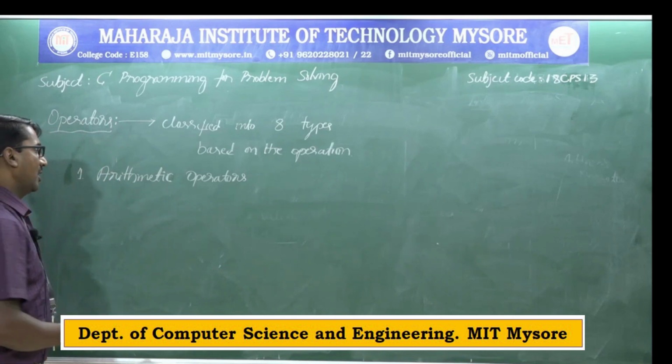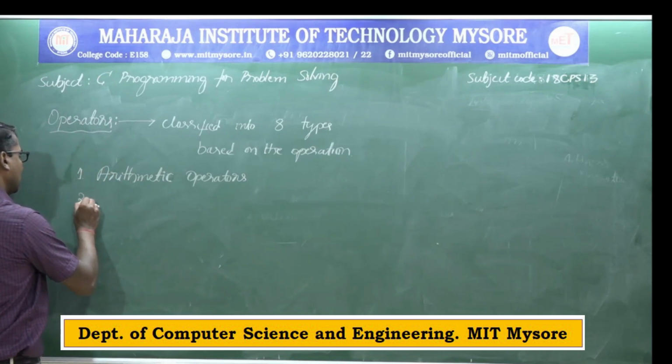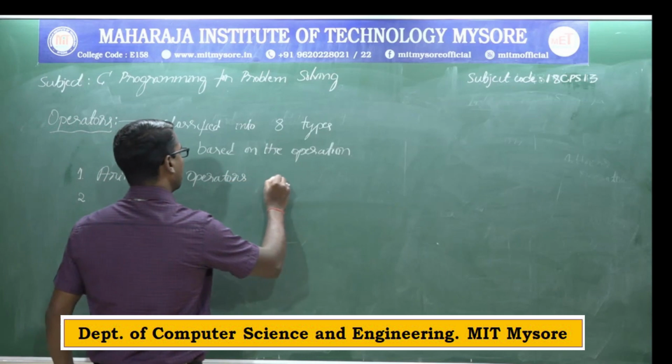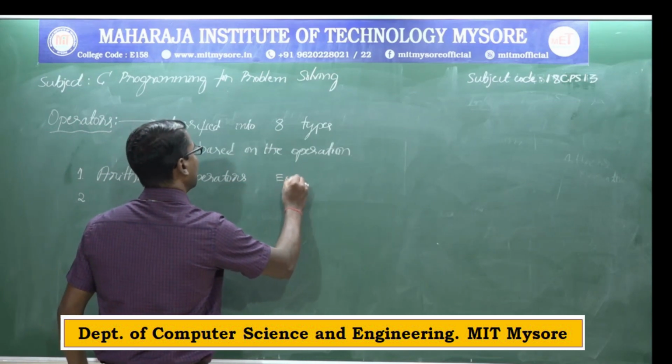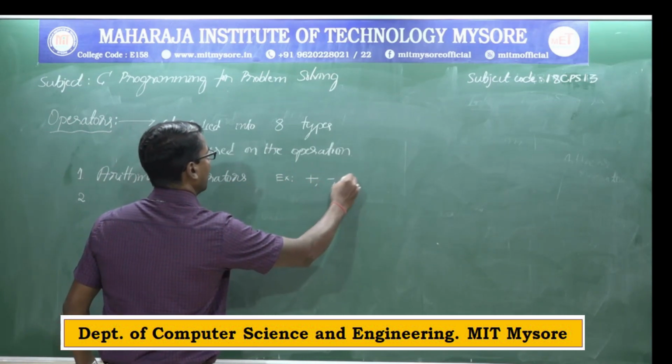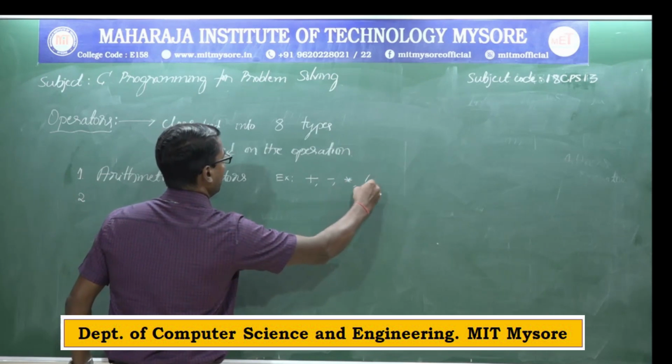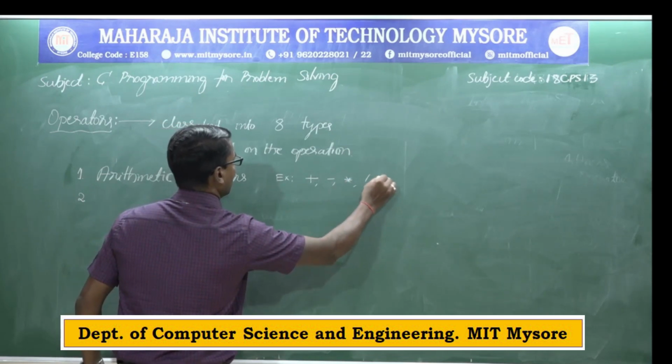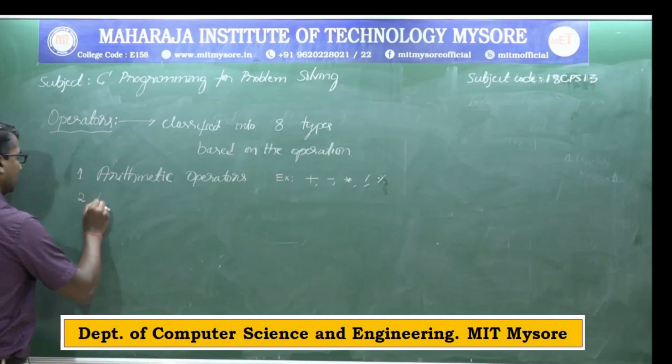First category is arithmetic operators. For example, plus, minus, star, division, modulus.